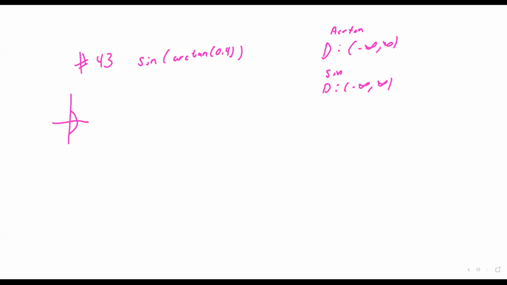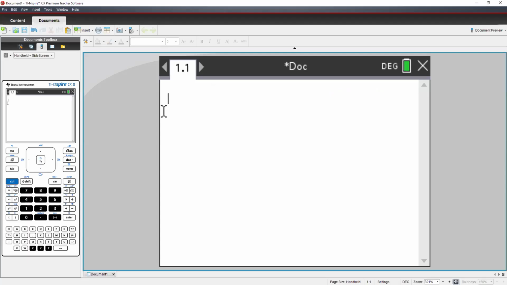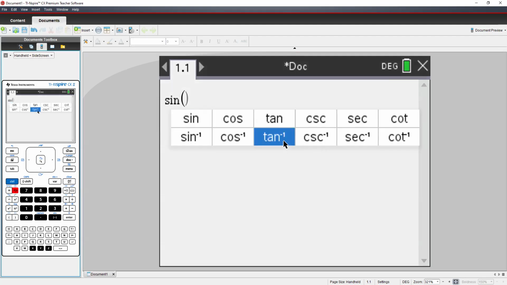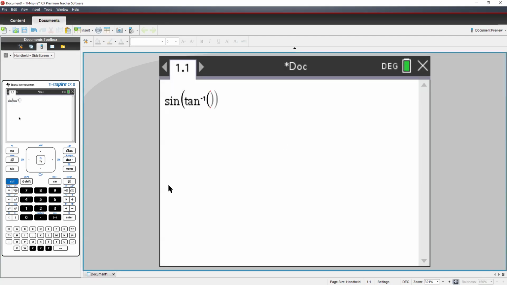Make sure I'm sharing the right one here. Perfect. All right. So to type in that question, you can go to the trig function and type sine, and then back to the trig function, tan inverse 0.4.